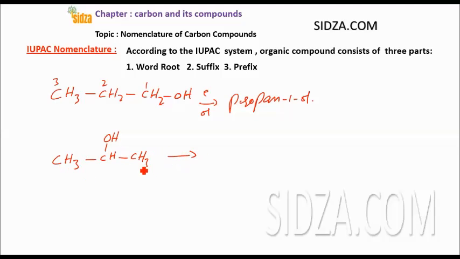Again this is an alcohol, with three carbon atoms in the parent molecule, so the parent hydrocarbon is propane, and we replace the E by -ol, but the position of this OH group is at carbon number 2. This is 1, 2 and 3. So this will be propan-2-ol. Propan-1-ol and propan-2-ol have the same molecular formula but different structure. Actually these are isomers.